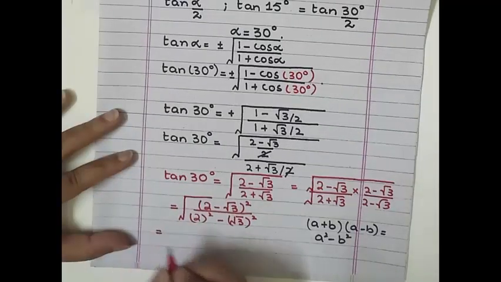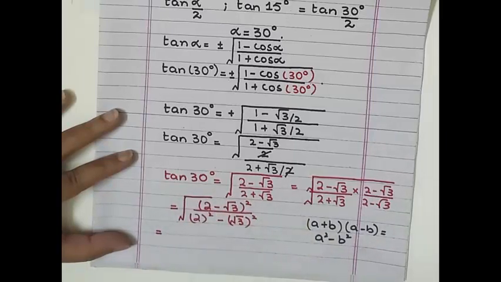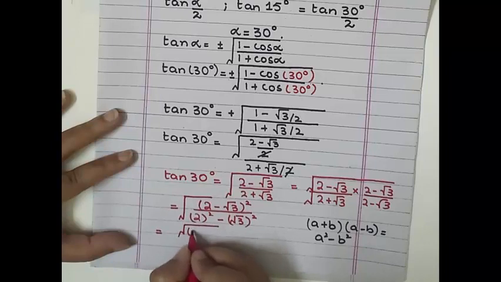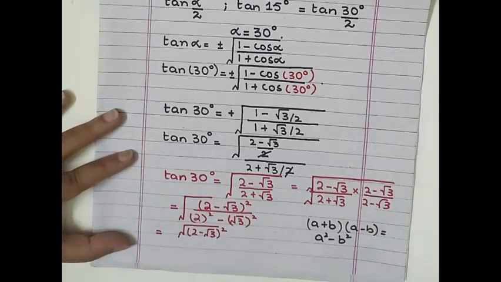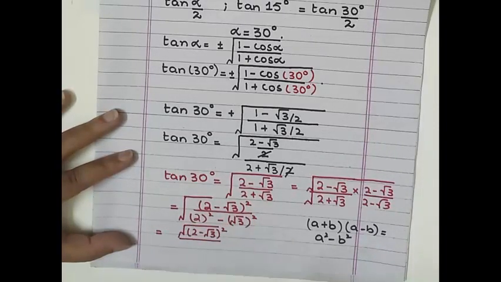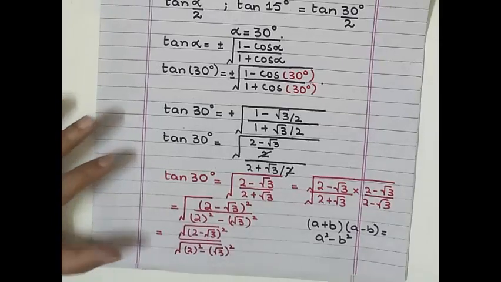Now separating out the radical sign of the numerator and denominator. In the numerator we have 2 minus root 3 whole square, divided by, in the denominator, 2 square minus root 3 whole square.